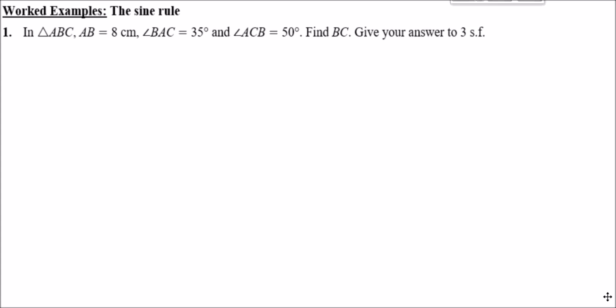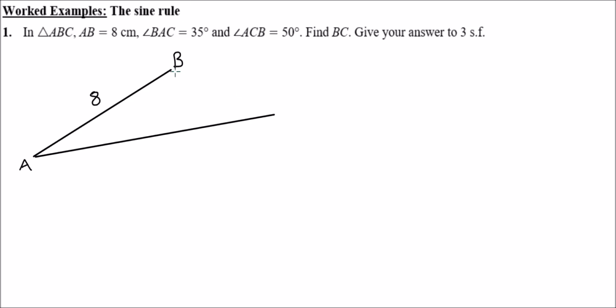Now again, I can't picture this without drawing it, so let's just do this sketch. We're told AB is 8 centimetres, so I'm just going to sketch in a line, and I'm going to label that AB, with a length of 8. What else have we been told? We're told BAC is 35, and ACB is 50. So I just need to complete this triangle.